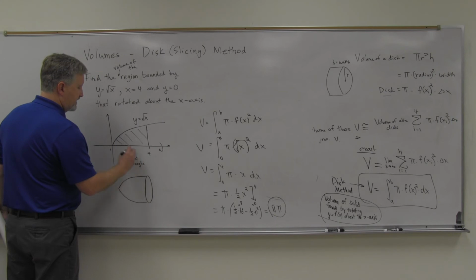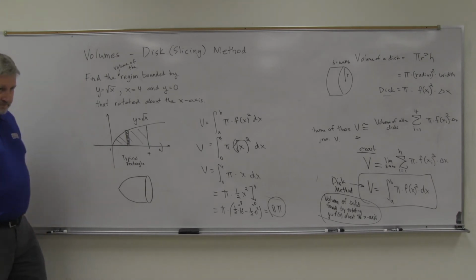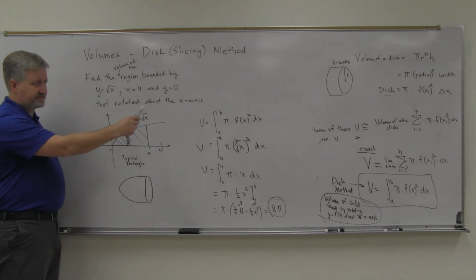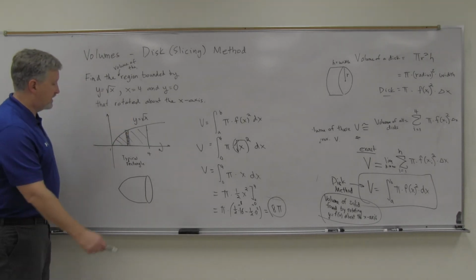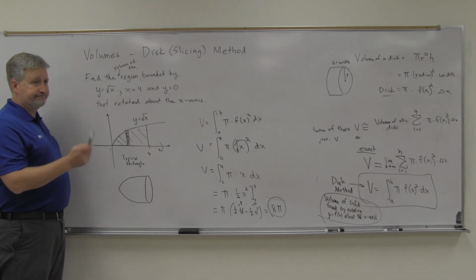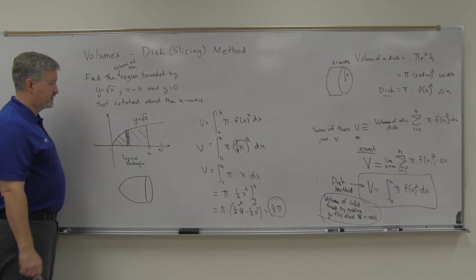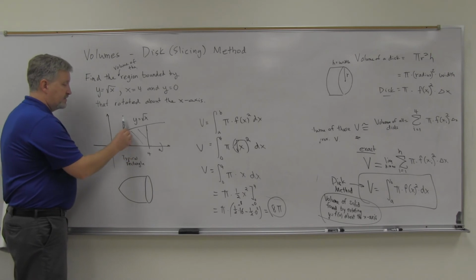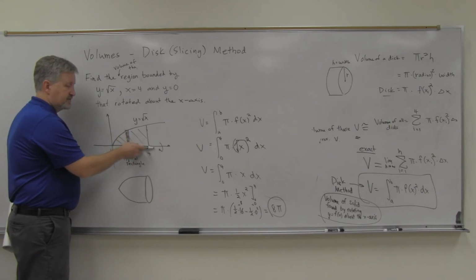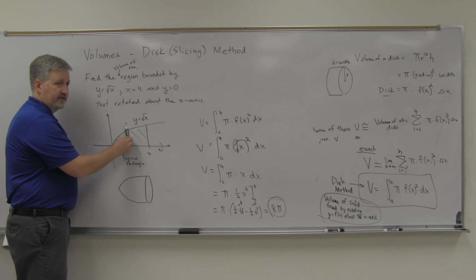So I'm integrating with respect to x, so we already kind of knew that. But notice this. A typical rectangle is vertical, that's why we integrate with respect to x. But, like I said, this could come in handy to note. Do you notice here the typical rectangle and the axis of rotation, the x-axis, how those are related? They're perpendicular.